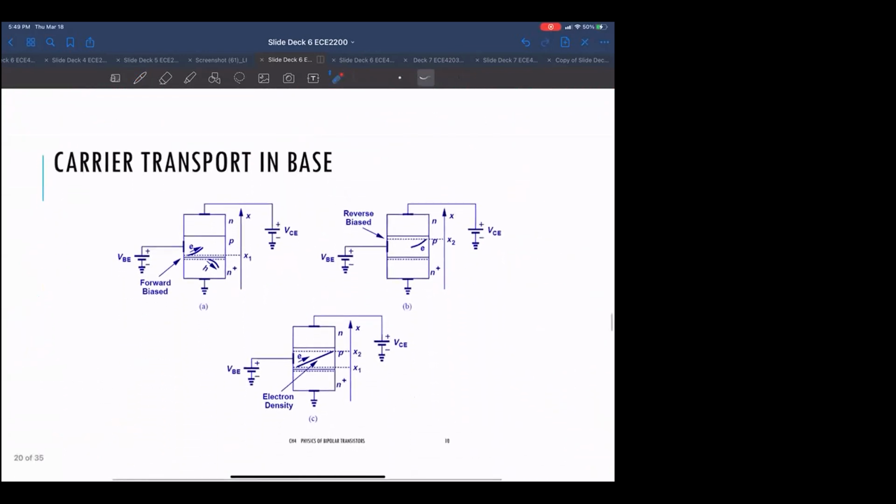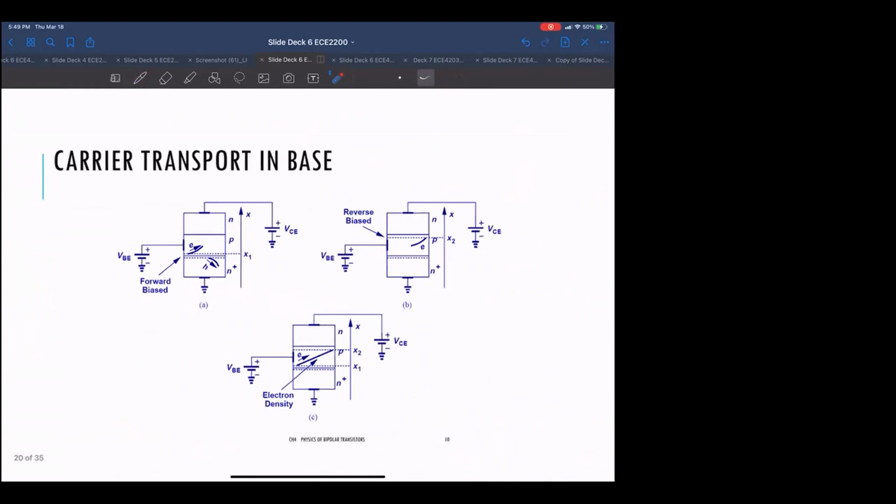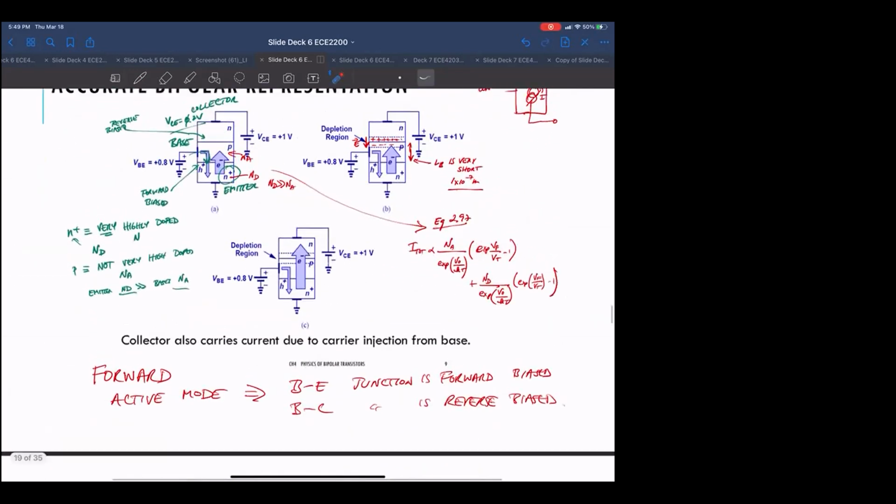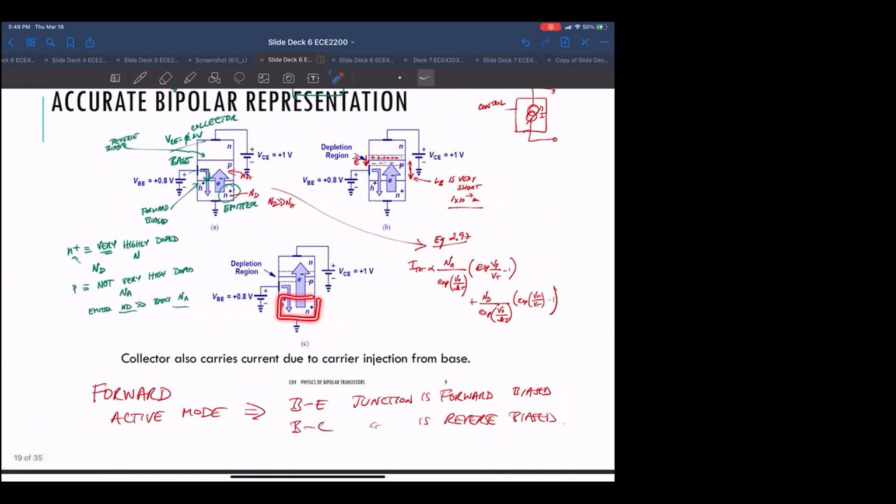I'm going to skip through these details. These are in the book. They talk about how the electron density changes inside the base, etc. I don't think for us it really matters much. The important things to remember are that the emitter is much higher doped than the base.